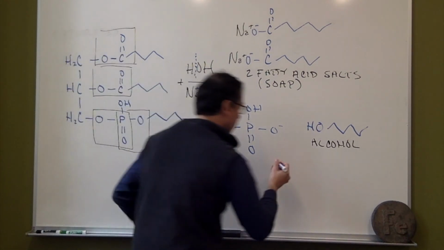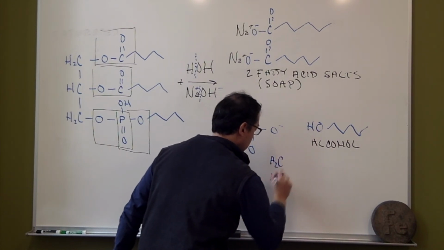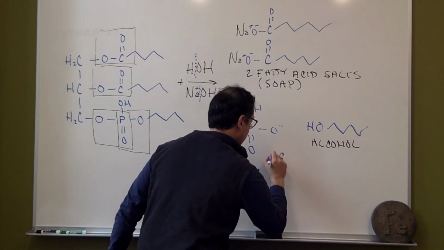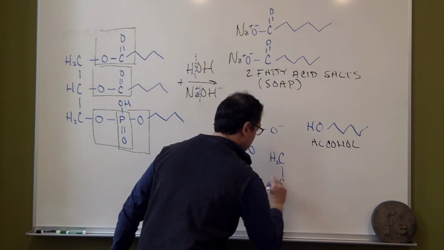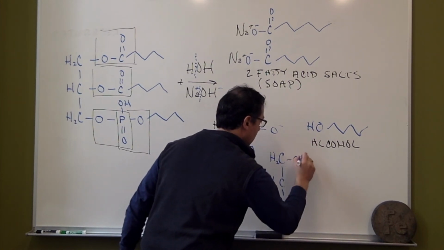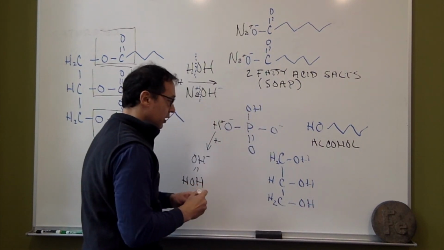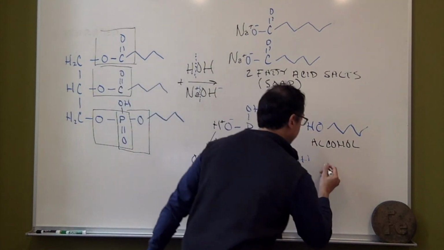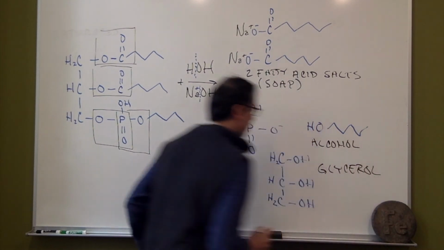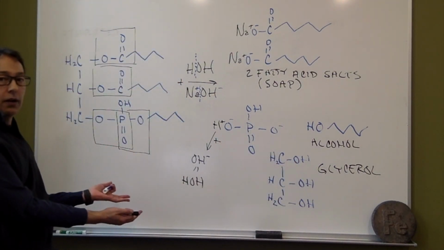So glycerol: CH2, CH, CH2, with OH, OH, and OH, and this is our glycerol group. All this right here becomes glycerol. That's how we make soap.